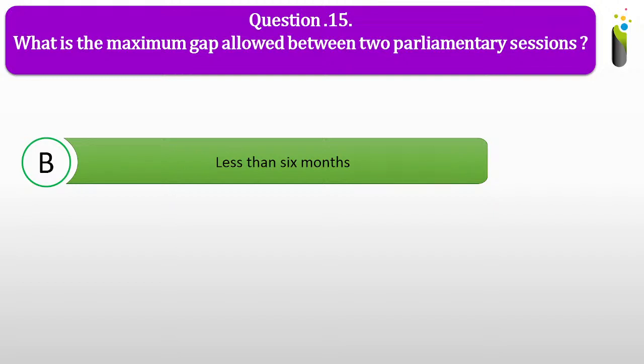So the answer to question number 15 is: the maximum gap allowed between two parliamentary sessions is less than 6 months.